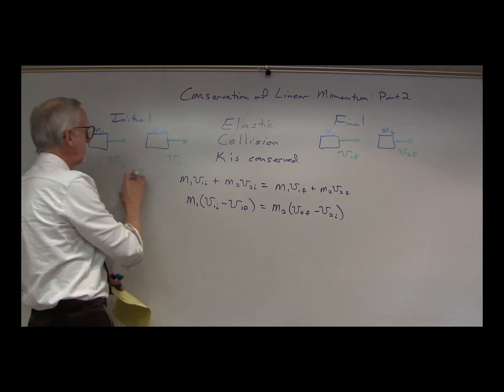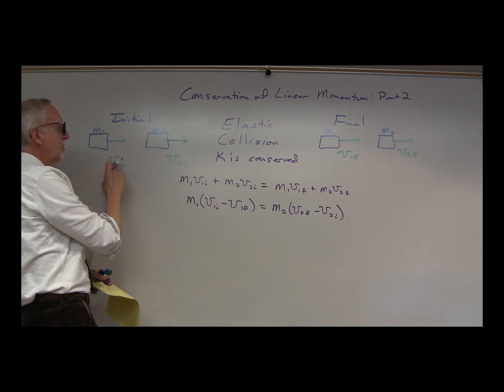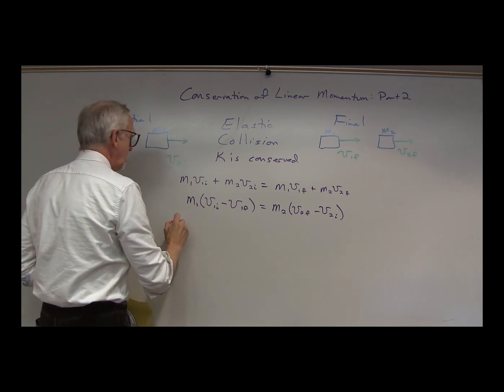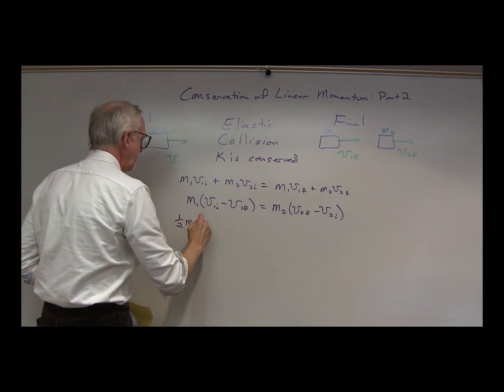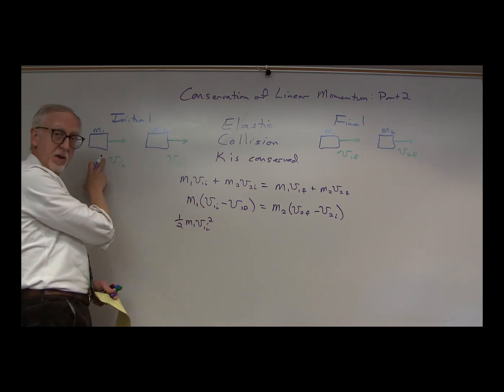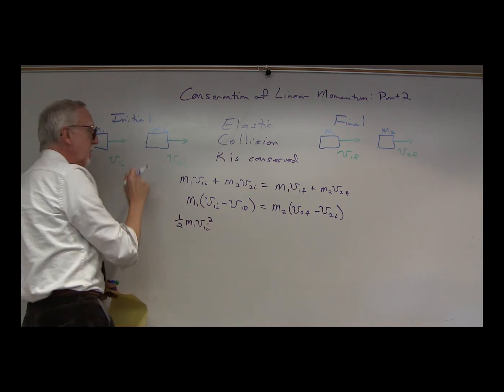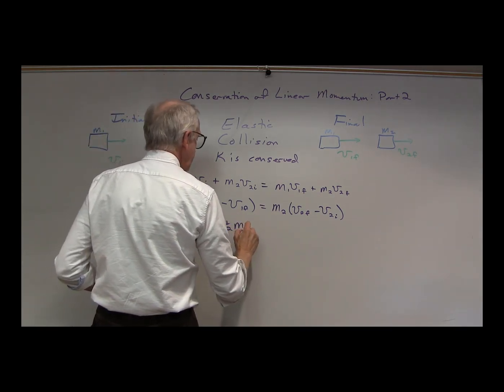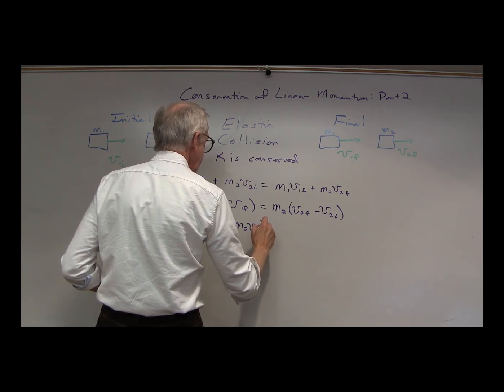So what does that mean? Well, the initial kinetic energy will be the sum of the kinetic energies of the masses. So we've got 1/2 m1 v1 initial squared. That's the kinetic energy of the first mass initially, plus 1/2 m2 v2 initial squared.